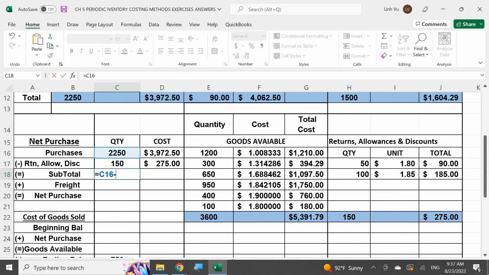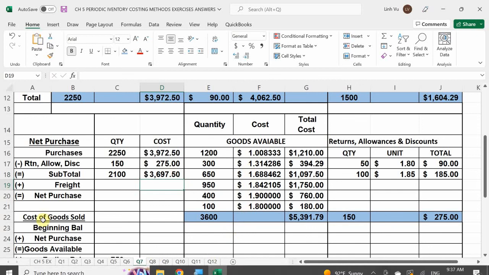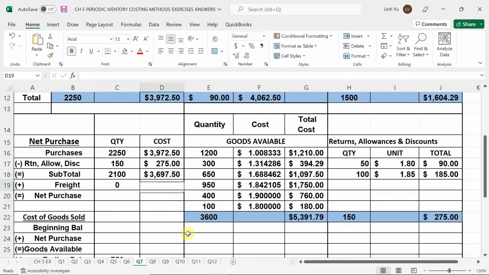So that should reduce your purchases down to 2,100 units at a grand total of $3,697.50. Freight adds 0 to quantity, but it does add to the total cost. So you're adding $90 here for the shipping cost.